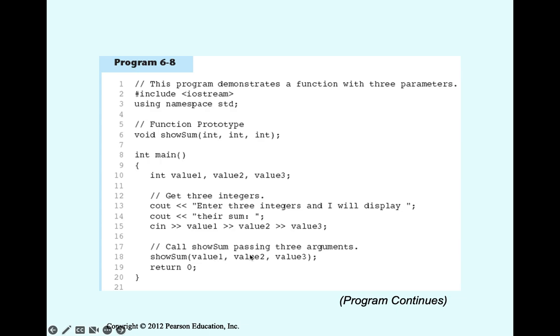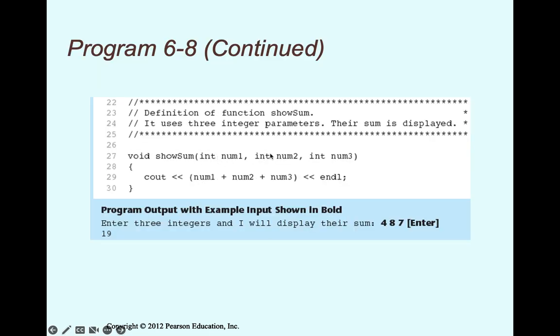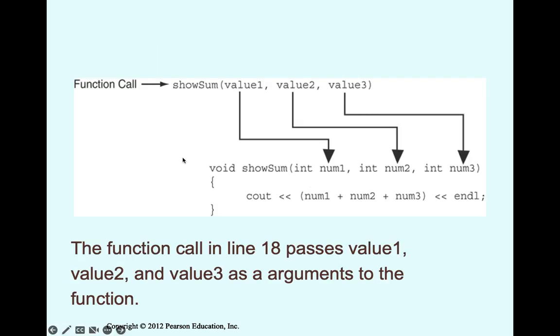So again, these are called arguments, okay, and these are called parameters. So the values will be copied to these parameters, and then I will just print the sum of them. That's it, okay. So when I call show sum, I give some values. These values will be copied in the same order to the parameters, okay.